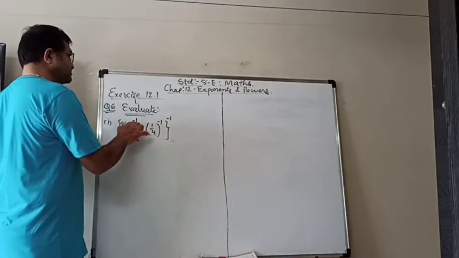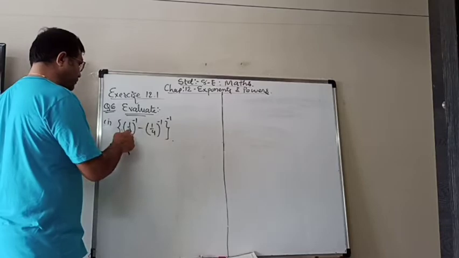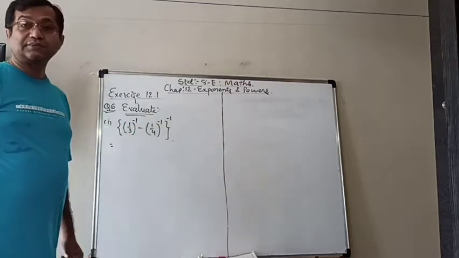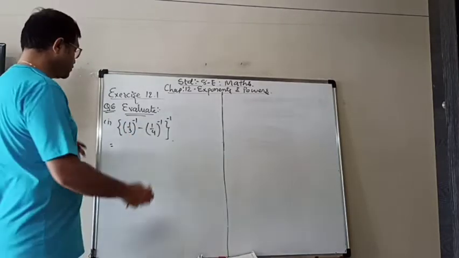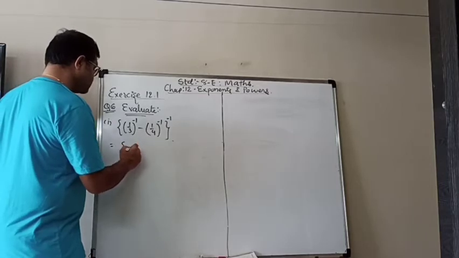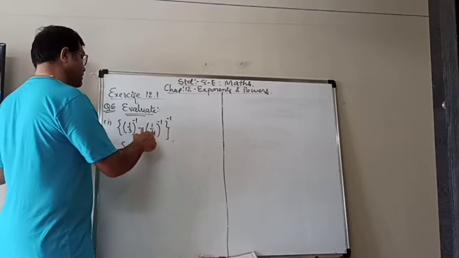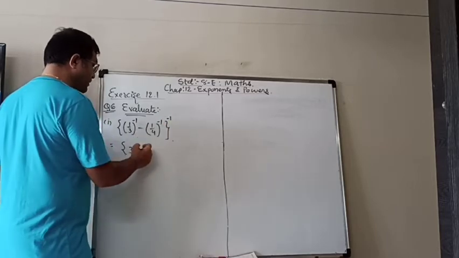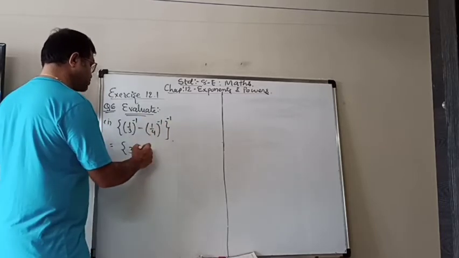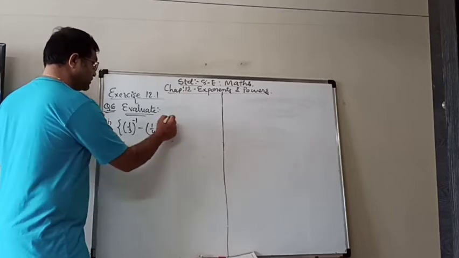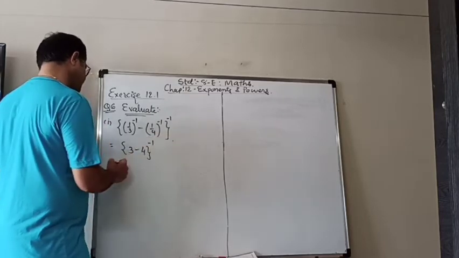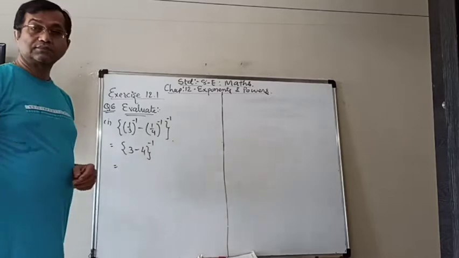Now when the power is negative, we have to take the reciprocal. So what is the reciprocal of 1/3? 3. So it will be 3 raised to power 1, but we don't write down the power 1. Here also, 1/4 with power minus 1 means 4 raised to power 1, and then the minus 1 power. What is 3 minus 4?